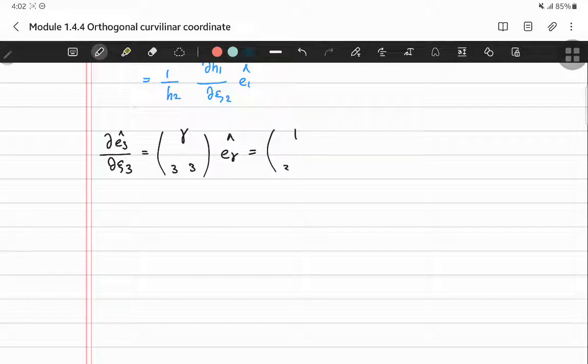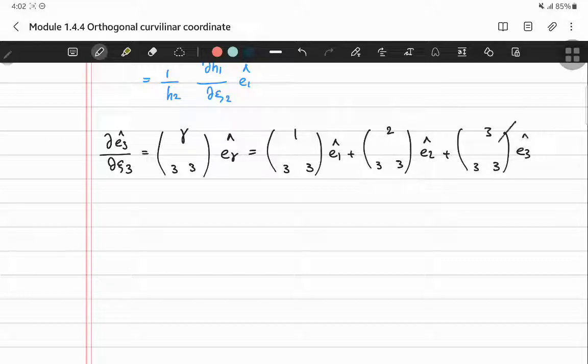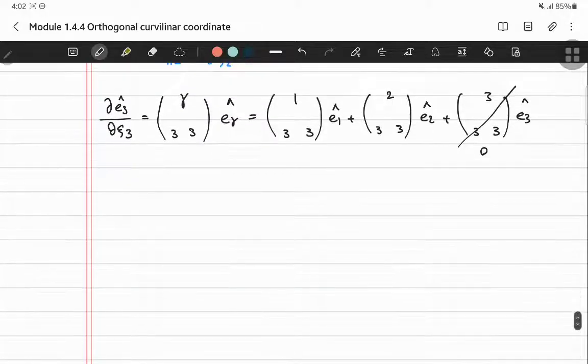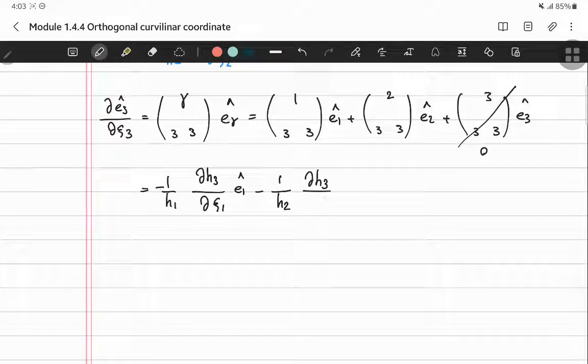It is Γ¹₃₃ E1 plus Γ²₃₃ E2 plus Γ³₃₃ E3, which we know is 0, minus 1 divided by H1, partial derivative of H3 with respect to Z1, E1, minus 1 divided by H2, partial derivative of H3 with respect to Z2, E2.